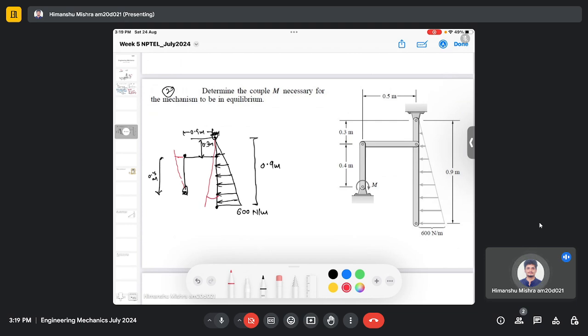So here we assume del theta, and here we assume del beta, right? So this displacement, this one, is given as 0.4 del beta.